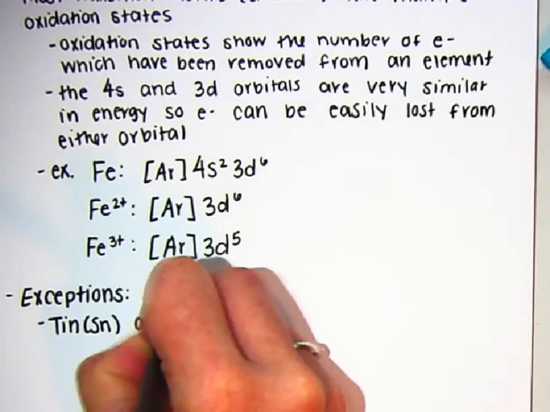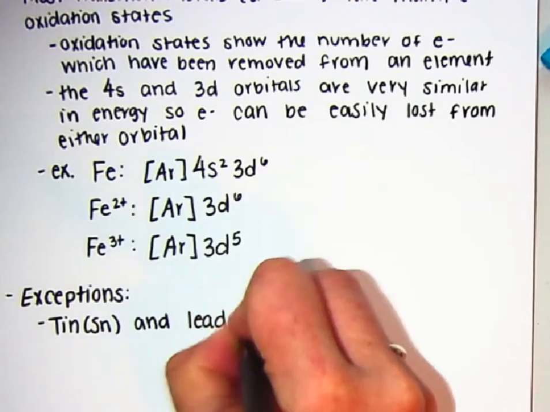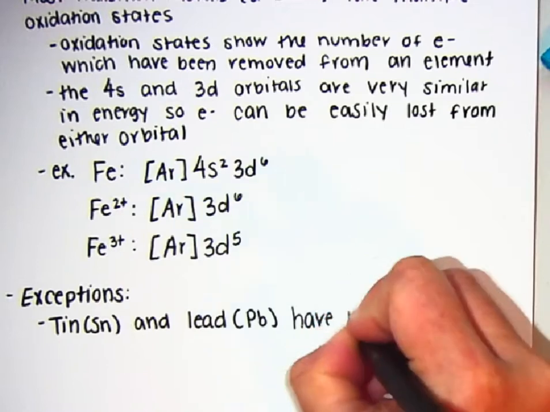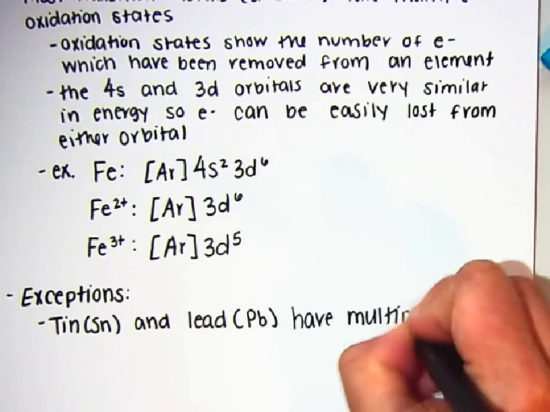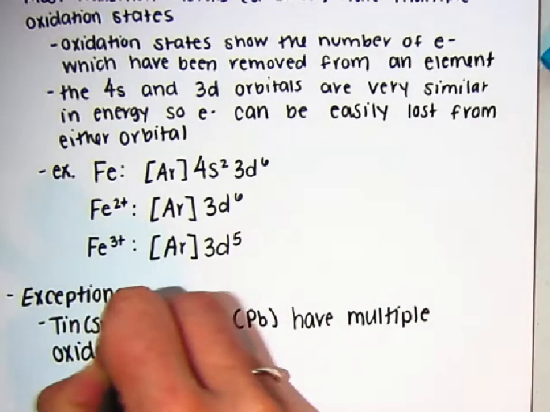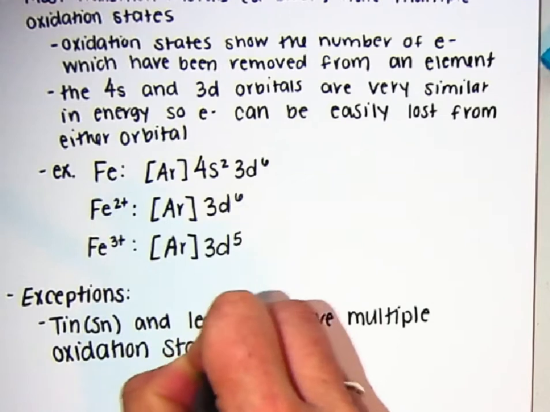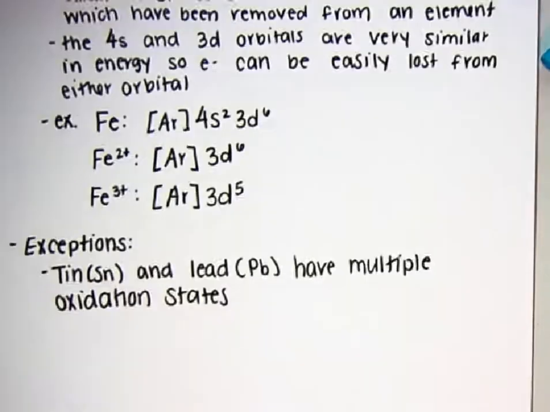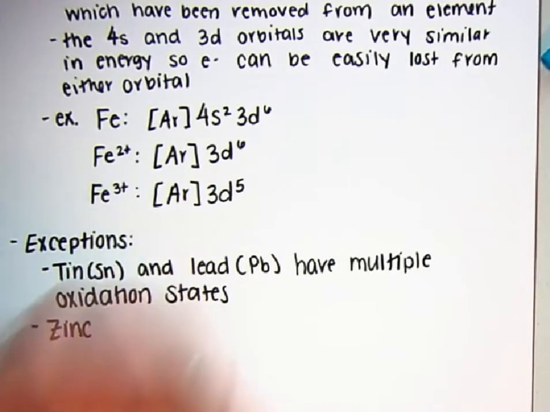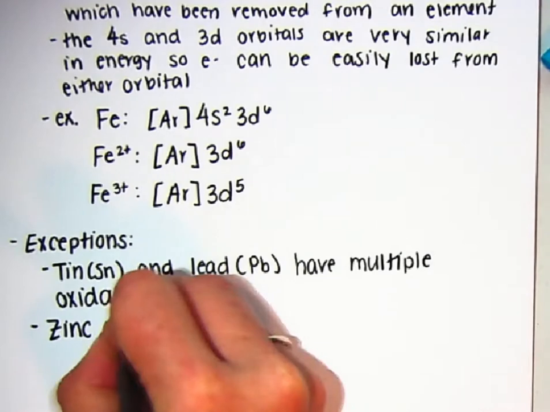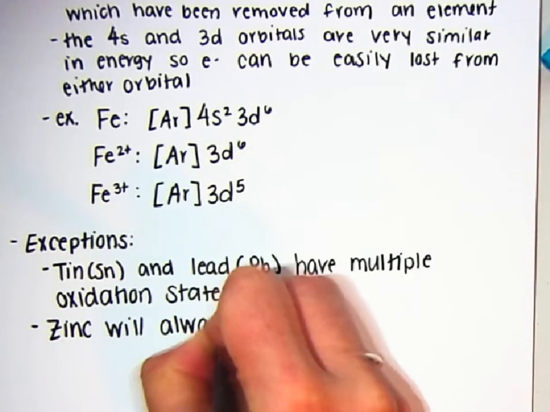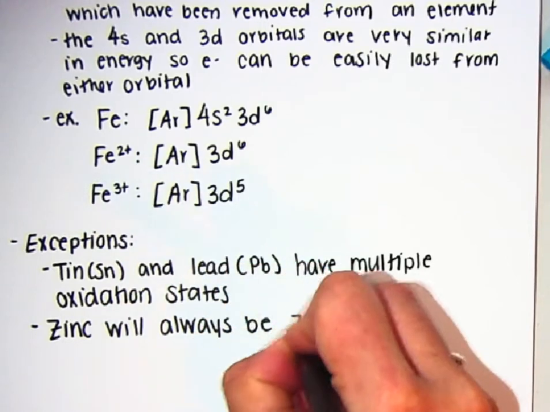Tin and lead have multiple oxidation states, even though they're in the P block. Zinc is in the D block, but zinc will always be 2+.